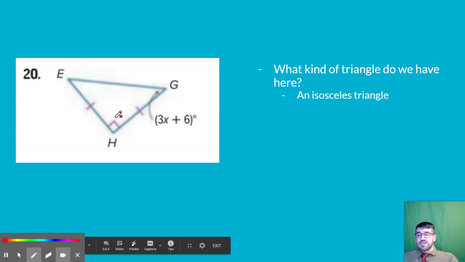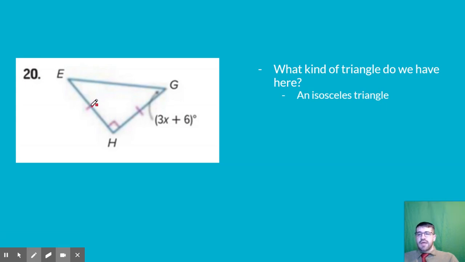We have an isosceles triangle, and we know that because we have these two sides congruent. And what we know about when these two sides are congruent is that the opposite base angles are also congruent.